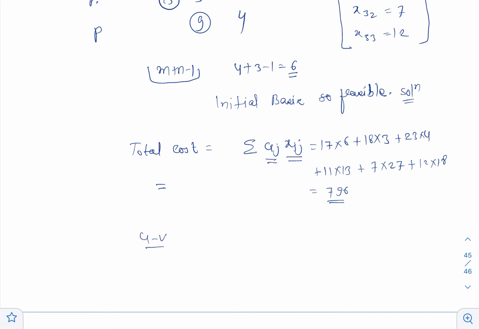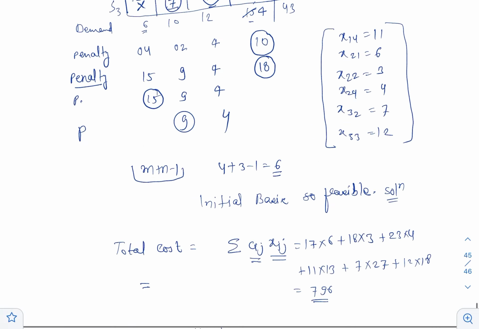Now we will use the UV method to optimize the obtained initial basic feasible solution.